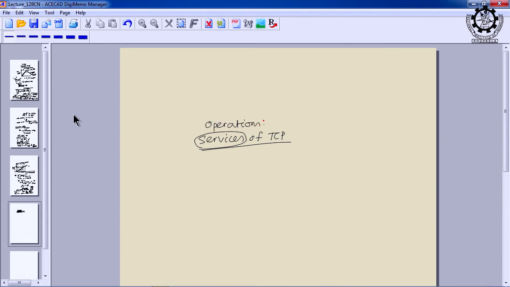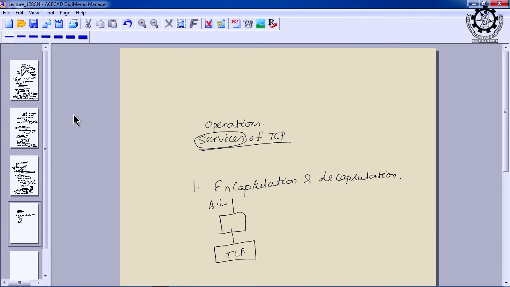First, like your UDP, this also has encapsulation and decapsulation. You have the application layer program or the data that is generated, the process or the message that comes from the application layer goes to the TCP layer and the header is encapsulated.